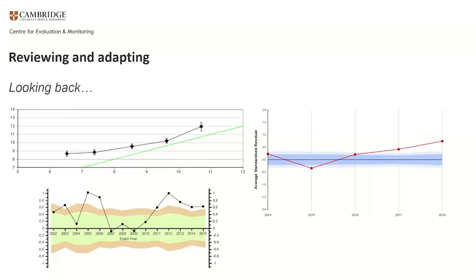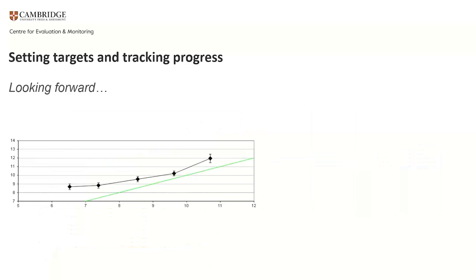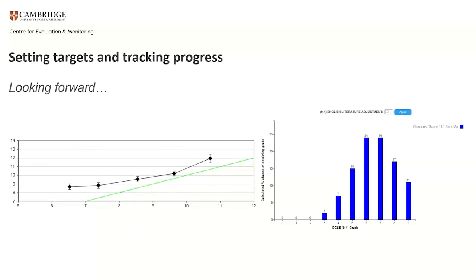So that's looking back. And then looking forwards, particularly with the secondary systems, you can see the colorful bar graph on the right-hand side there, depending on how the student performed in the baseline assessment.